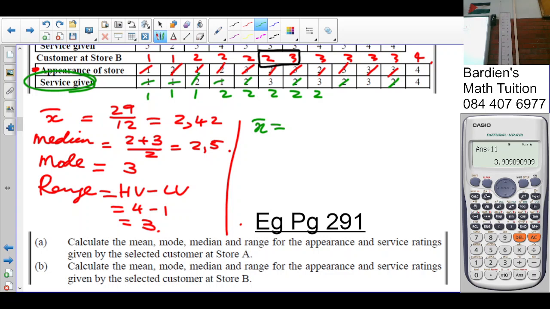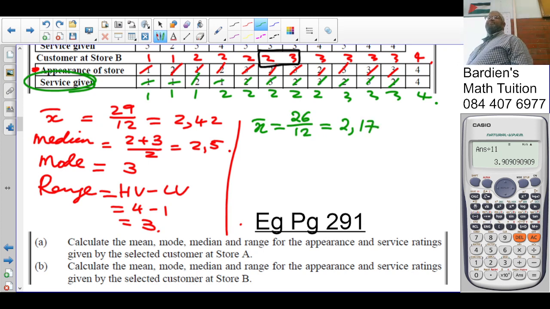How many threes? 3 threes, and a 4. Right, so the mean. Let's add up to 26. 26 over 12, which is 2,17. You guys agree with that?